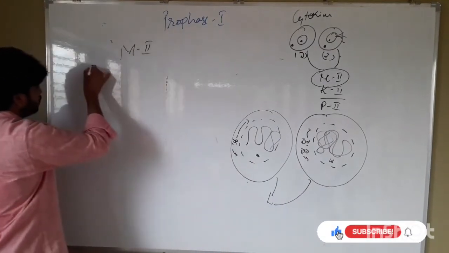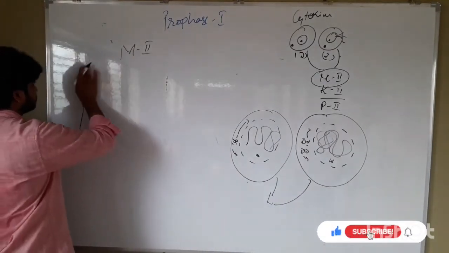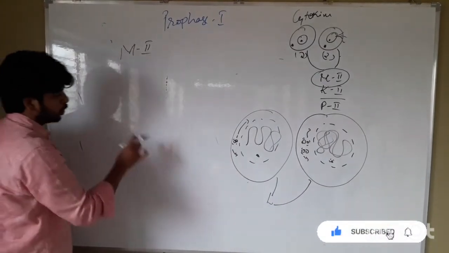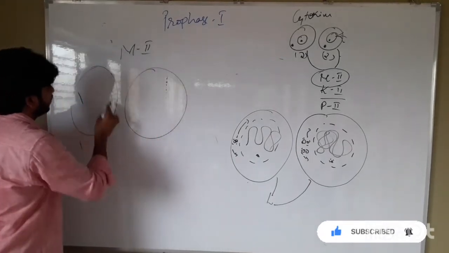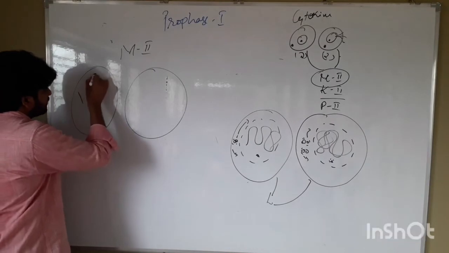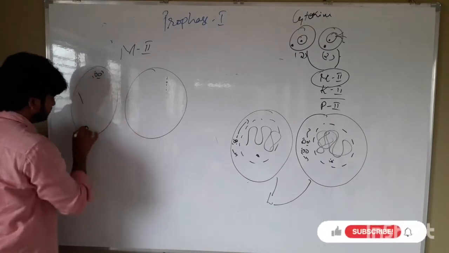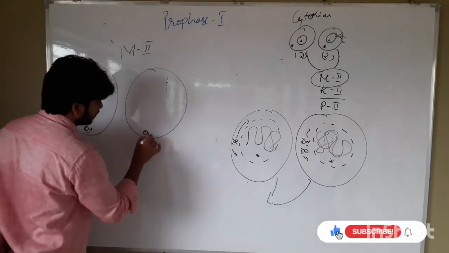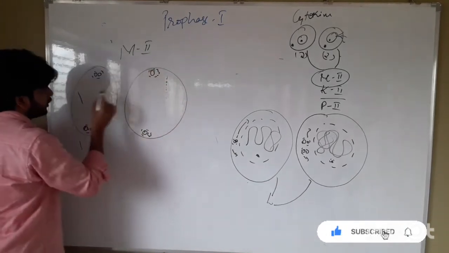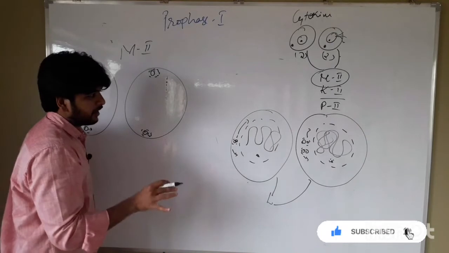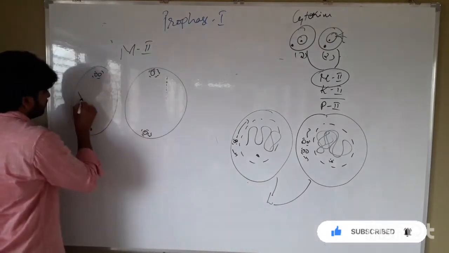During metaphase 2, in the 2 daughter cells which are formed, the centrioles have moved to their opposite poles. Nuclear membrane and nucleolus are completely absent. Then the condensation is complete.